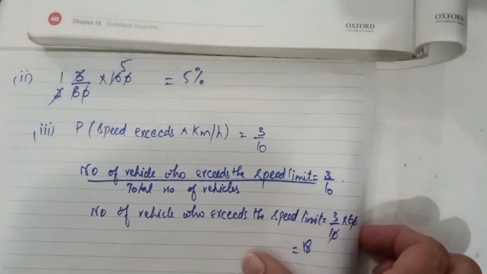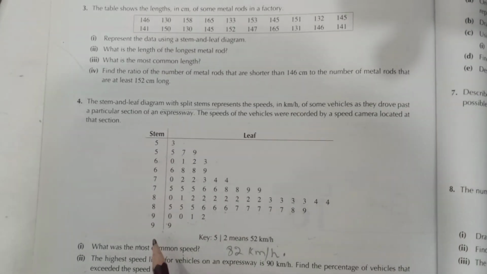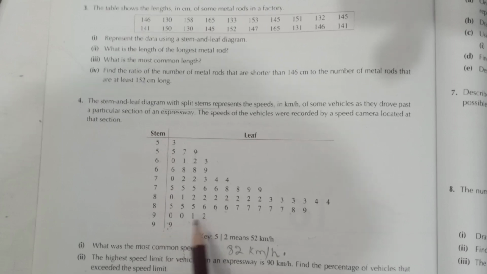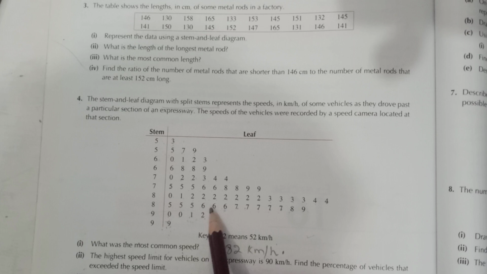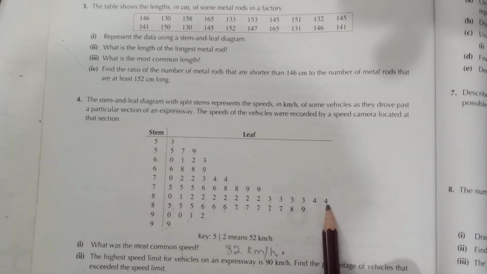Now we find the value of x by counting 18 vehicles: 1, 2, 3, 4, 5, 6, 7, 8, 9, 10, 11, 12, 13, 14, 15, 16, 17, 18. And the value at 18 is 84.